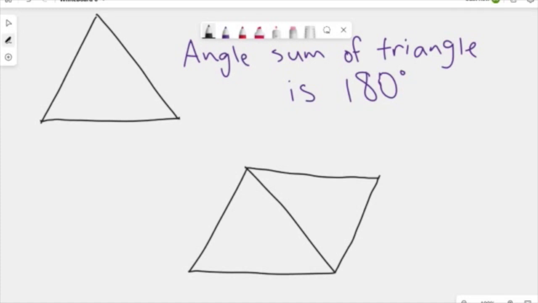What we have here is a quadrilateral. Sorry, I think I'm lagging a little bit, but a quadrilateral is a four-sided shape. It's a type of four-sided polygon.